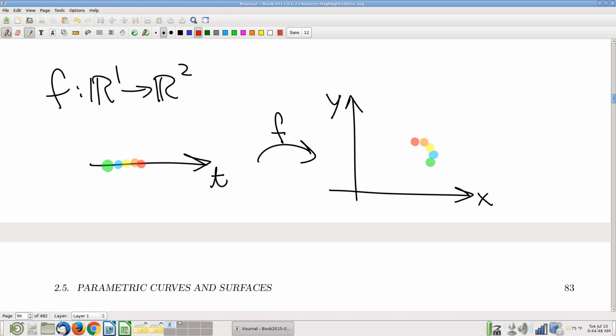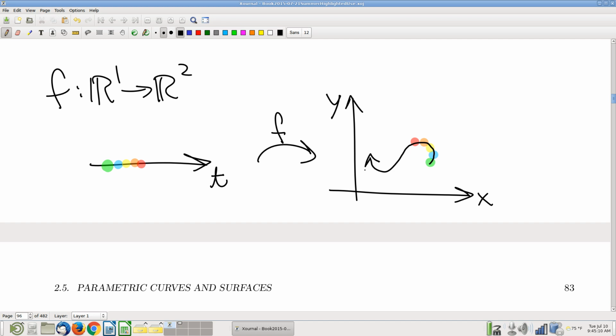And I appeal to your intuition about what's going on here. As we move along the t-axis, as these input points move, the output point is going to move through space.